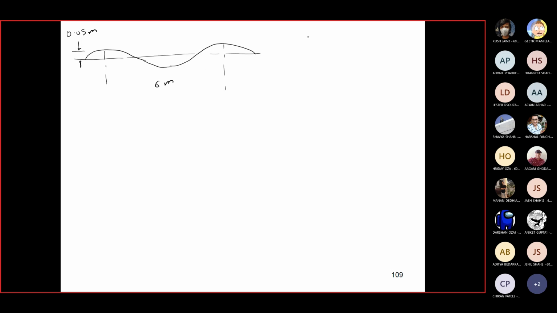So V, the velocity of the vehicle, is f into lambda, where f is the frequency of the support excitation. V is 20 kmph, so that is 20 into 5 by 18 meters per second. Substitute that and find out the value of f. Lambda is 6, and tell me the answer.